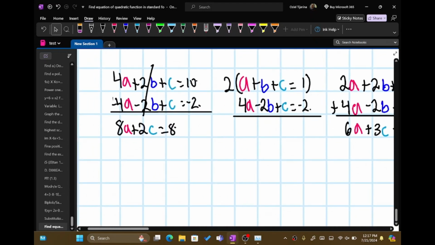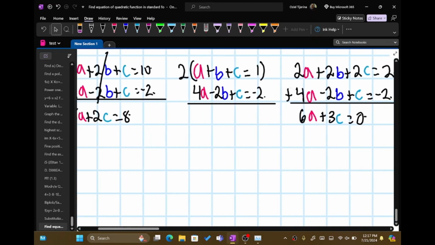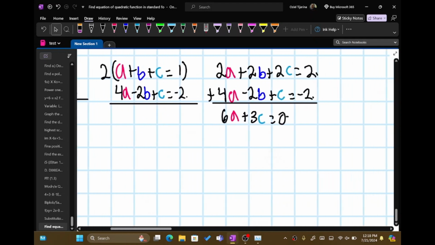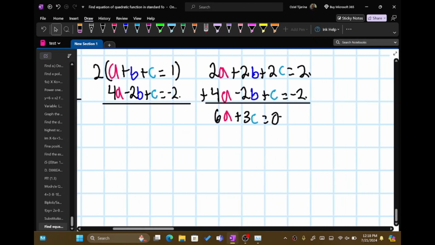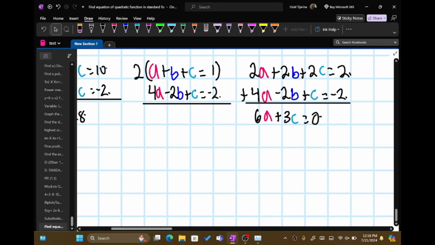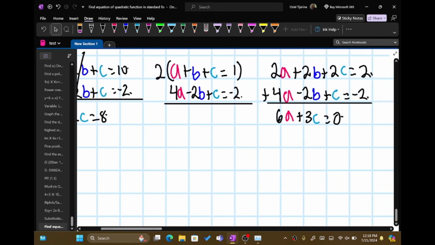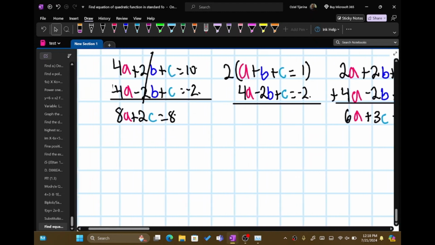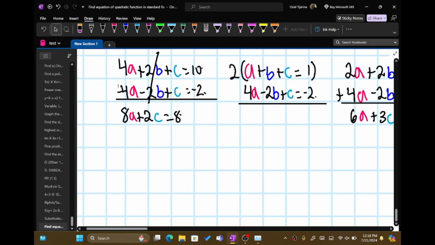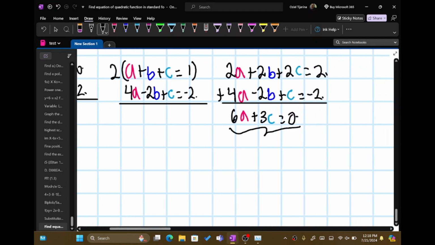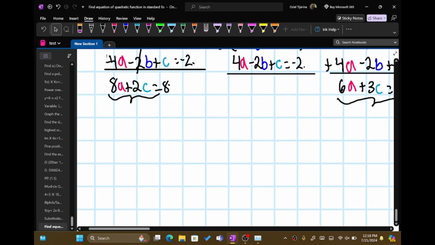Now you can either do substitution or elimination at this point. I'm going to keep doing elimination, guys. So now we're going to grab this one and this one. So we have 8a.